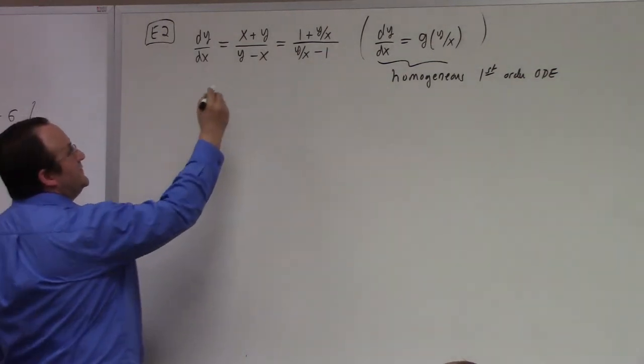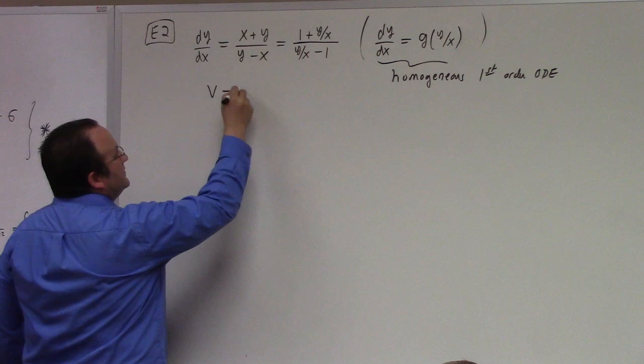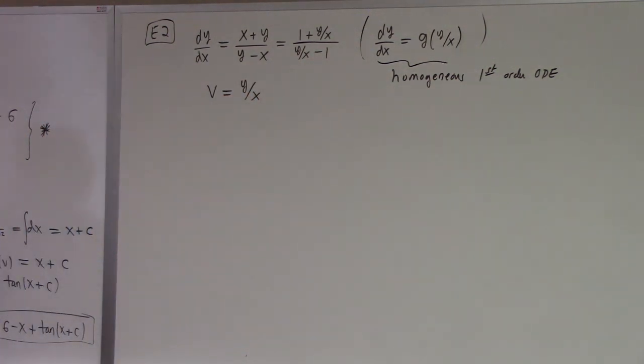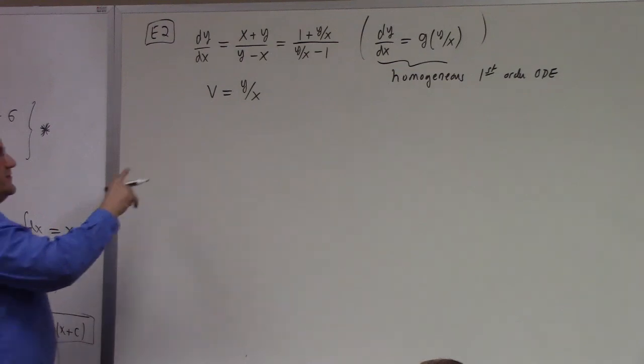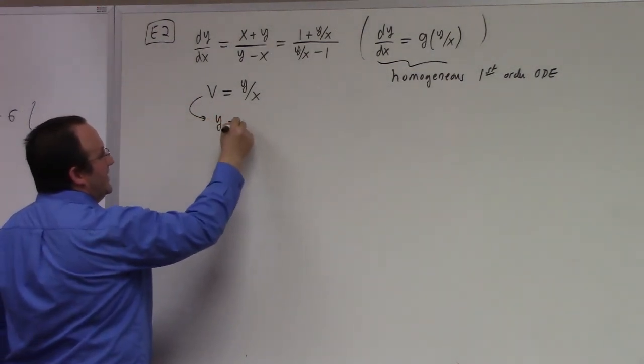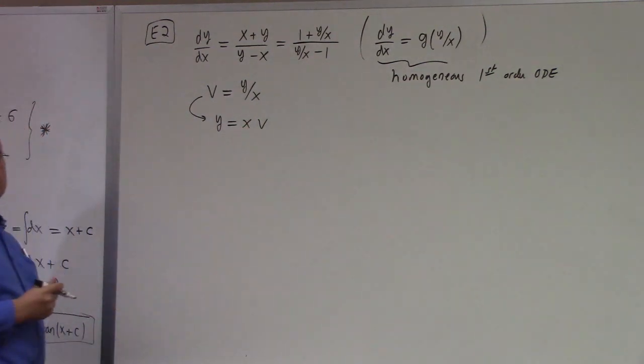So here we make the substitution v equals y over x, all right? Now, we could differentiate that directly, but rather than differentiating this directly, what I like to do is to say, okay, y is equal to x times v.